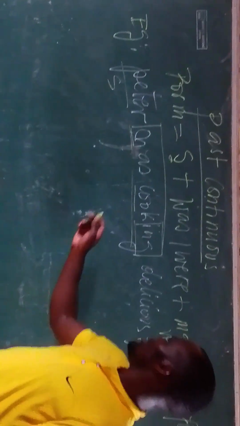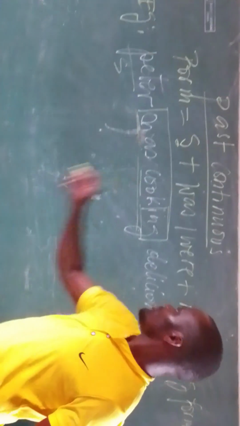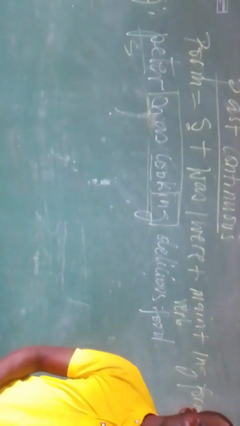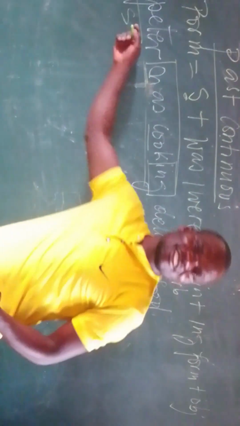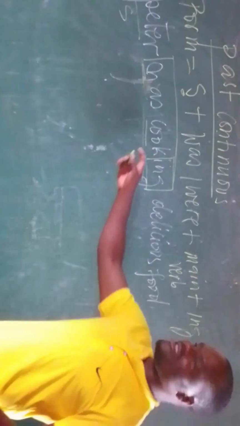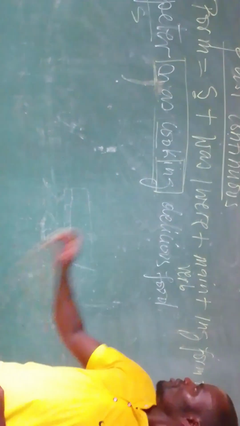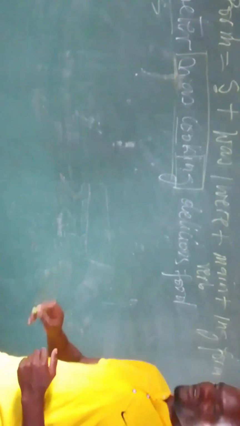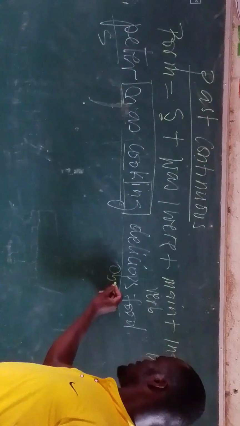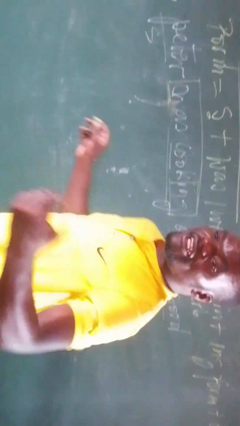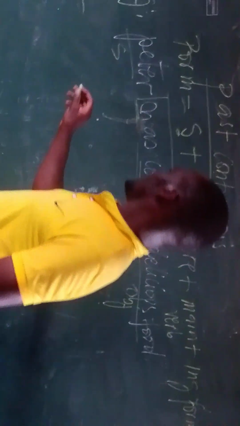Here we have was, because this Peter is a third person singular, can be replaced by he, and then the main verb is to cook with the ing form added here, and this is the object, right?